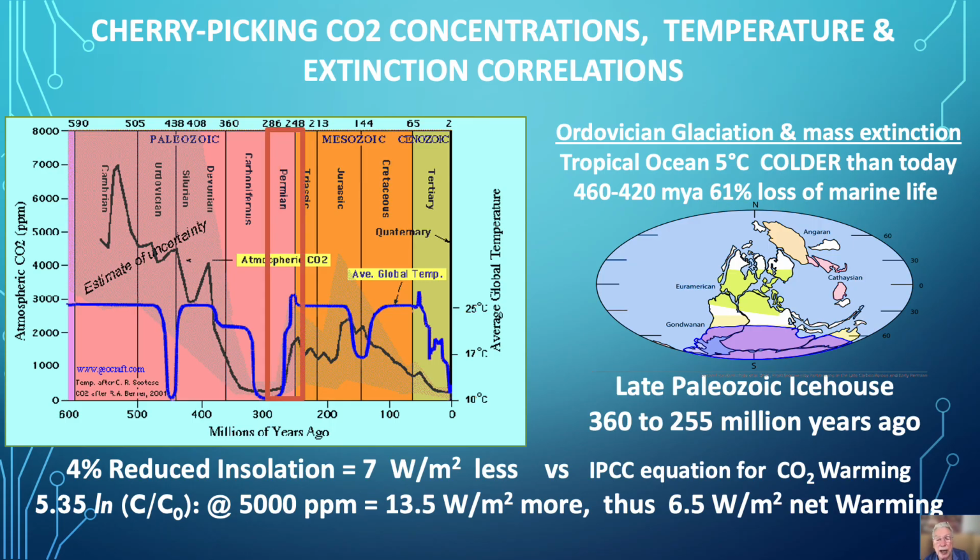By cherry-picking the rise in carbon dioxide only during the very end Permian, such blinkered analyses have allowed some researchers to echo the narrative that it was deadly carbon dioxide-driven global warming that caused end Permian extinctions.